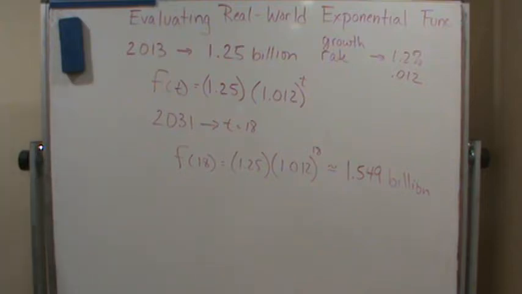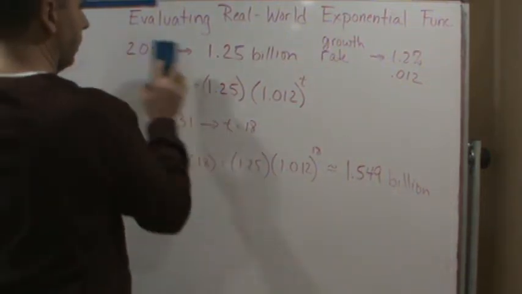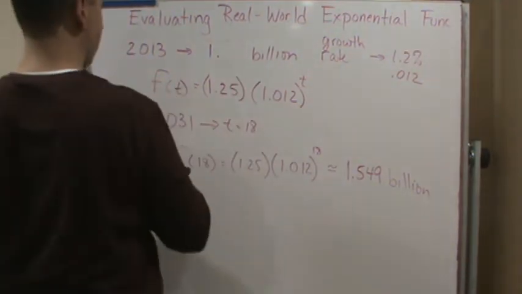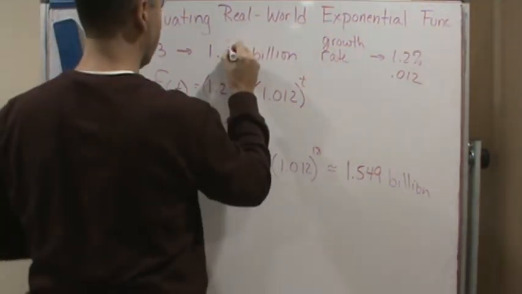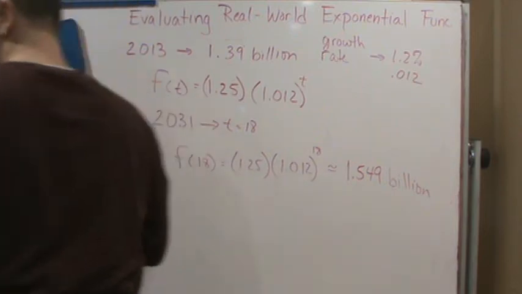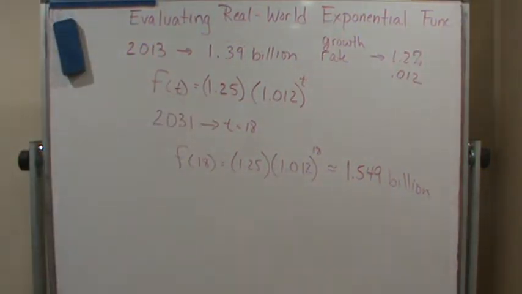Okay, let's do another one. Let's say the population of China was about 1.39 billion in 2013, and they have a growth rate of what? It says here 0.6%.